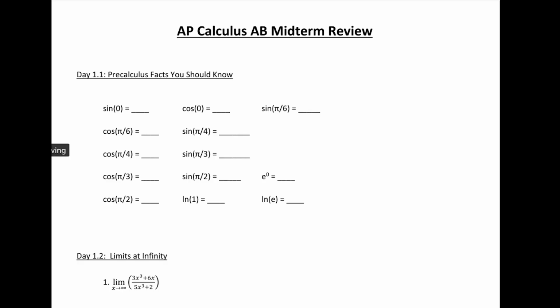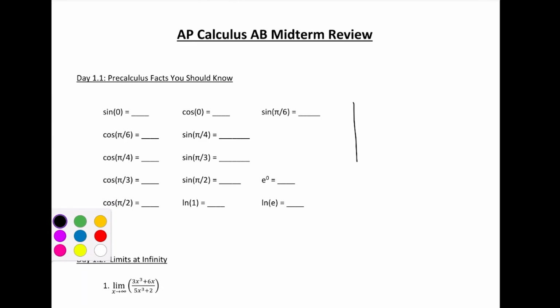So I like to think about the unit circle when I'm trying to evaluate these, and there's five key angle measures that you should be pretty well aware of, and that's 0 radians, pi over 2 radians, which is at 90 degrees, pi over 6 radians, which is exactly 30 degrees, pi over 4 radians, which is 45 degrees, and pi over 3 radians, which is 60 degrees.